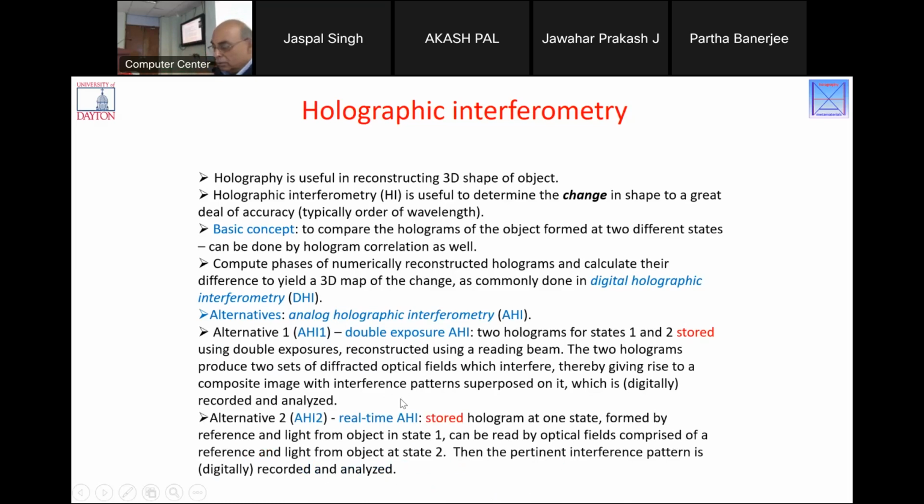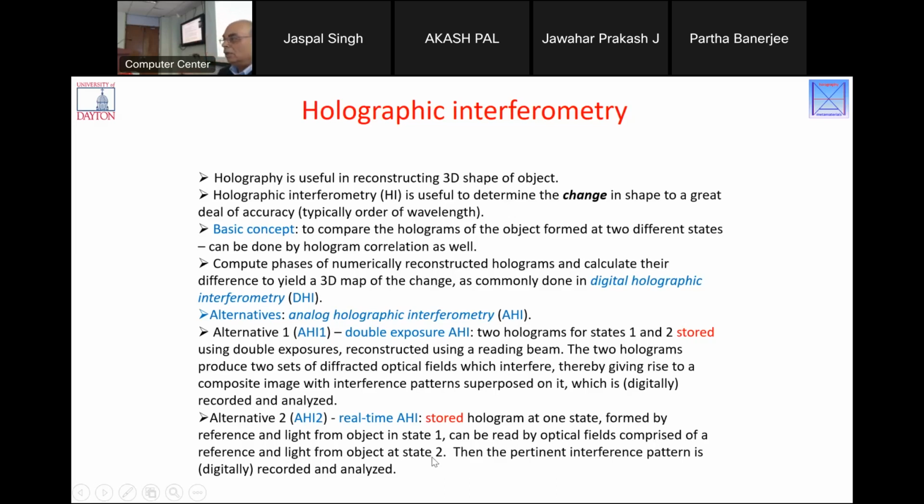Another way you can do it is real-time analog holographic interferometry. Here you are not storing the two holograms, but you store the hologram for one state, which is formed by the reference and light that's scattered from the object in state one, and then you read it out by optical fields that have the same reference as before and light from the object at state two.